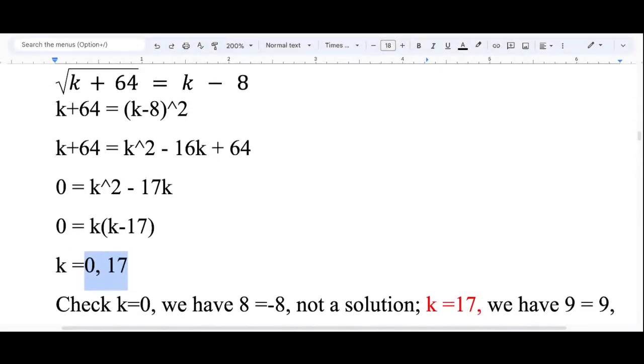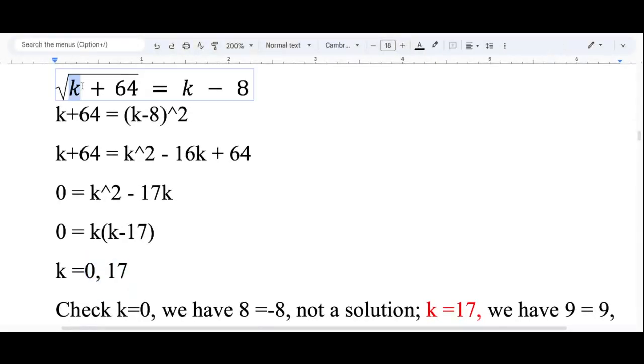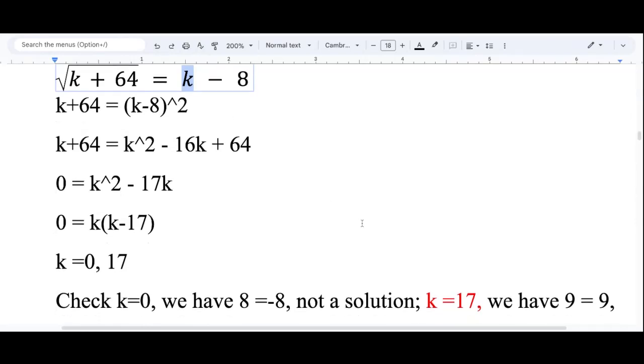So if we plug in 0, we see 0 plus 64 is 64. Square root of 64, right? Well, if k is 0 here, we got into a problem. 0 minus 8 is negative 8. So of course it's not a solution.